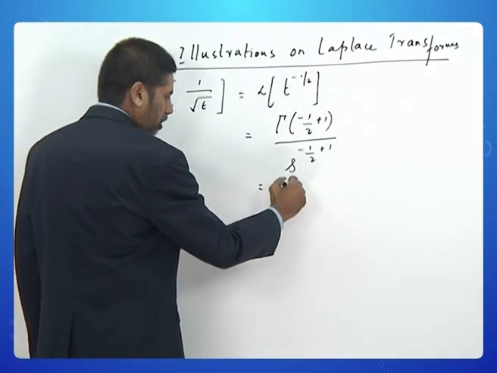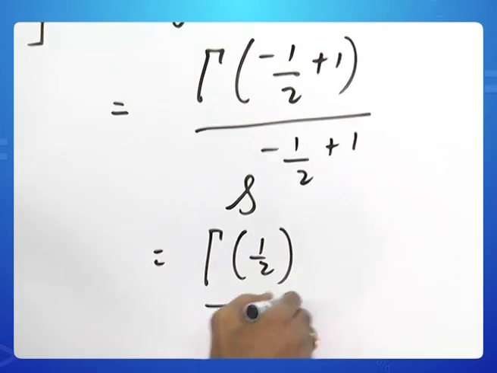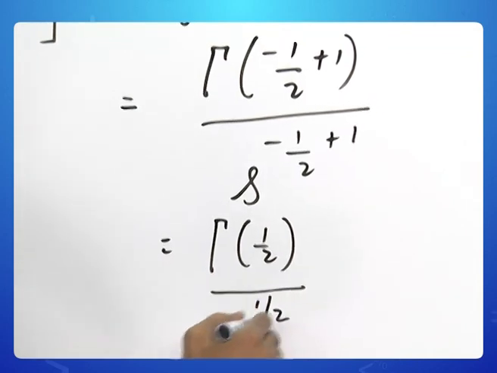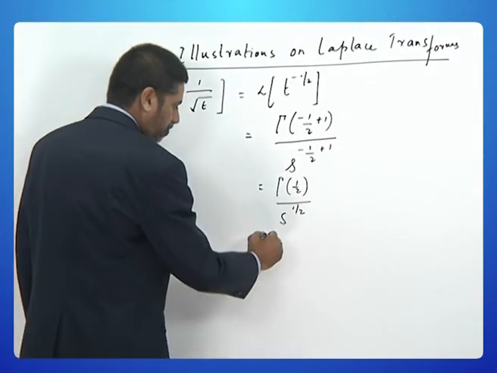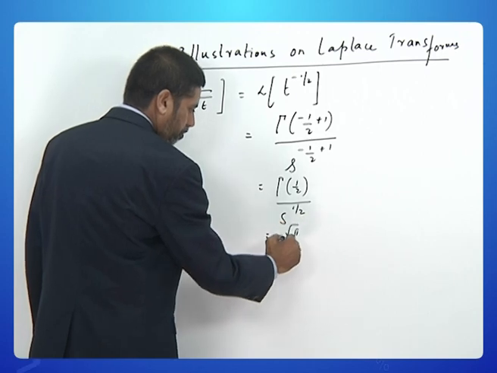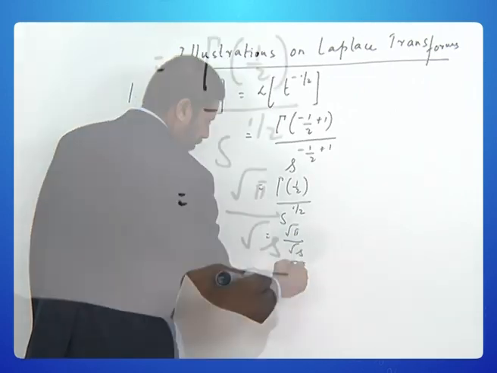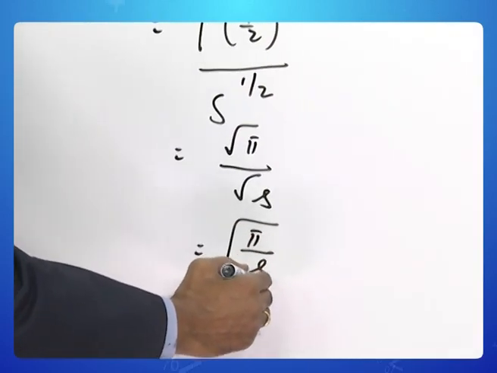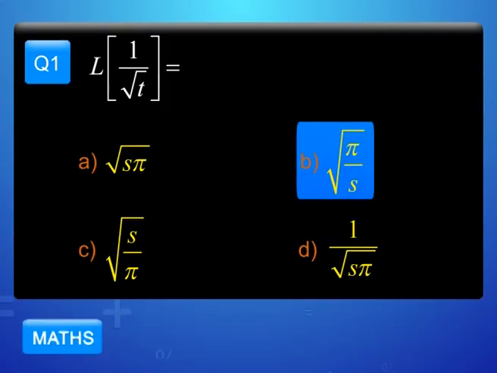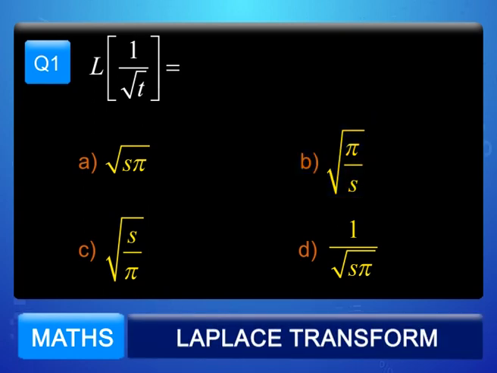So this is gamma half by s to the power of half. You know gamma half is root pi, and this is root s. So it is root of pi by s. Correct option is B, as you can see.